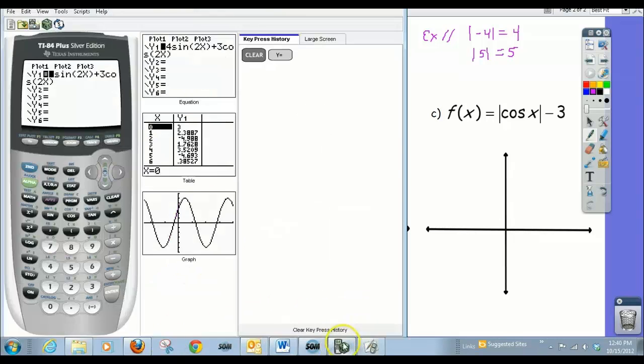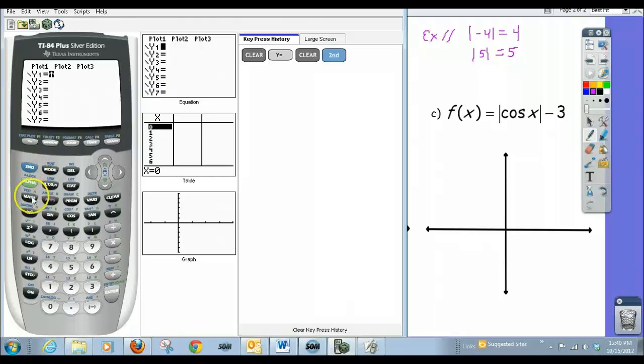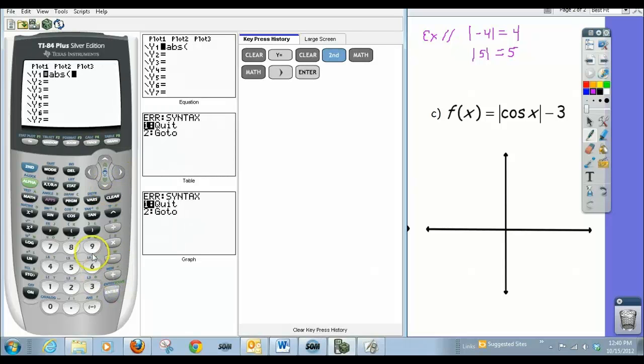Let's see what happens when I put that in the calculator, but with an absolute value around it. So where's the absolute value function? Go to math, not second, just math. Go to number, ABS, and we're going to put in x minus 3 times x plus 4.